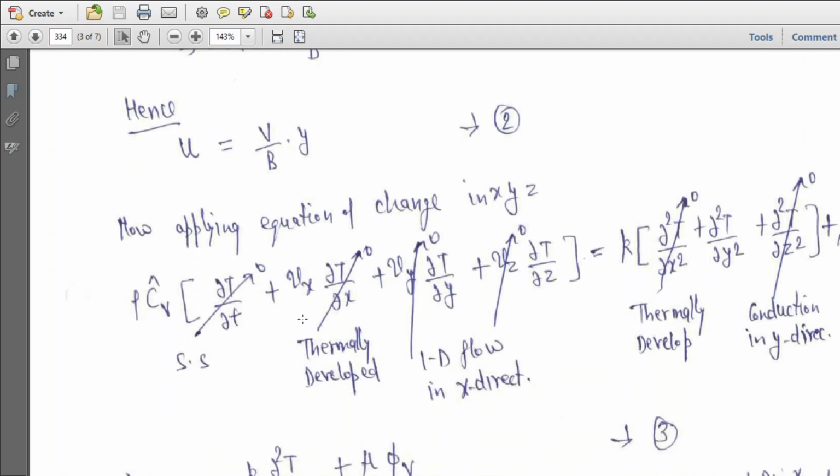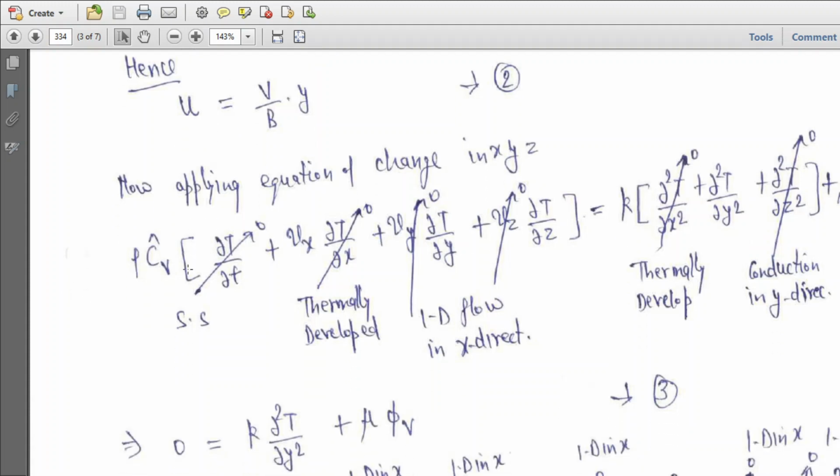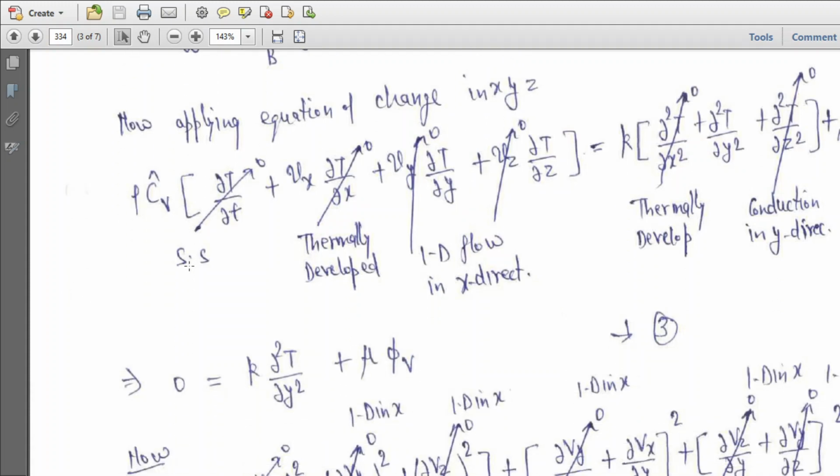Now applying the equation of change in x, y, z directions, this is the energy equation. Now we put in the constraints from our problem. Steady state, so this term gets cancelled. Thermally developed flow, so the temperature gradient is also not there in x direction, so del T upon del x is also 0.